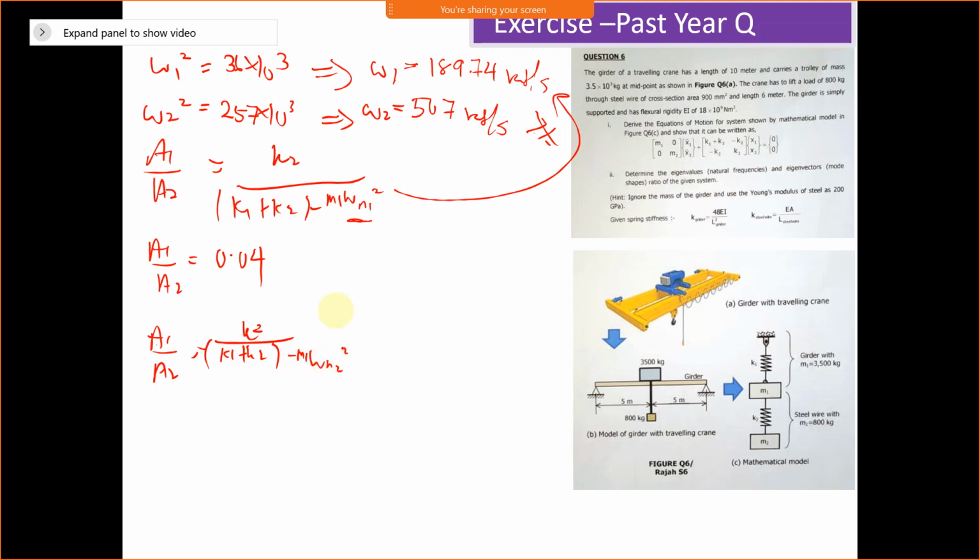Okay, masukkan nilai frekuensi yang berbeza lah untuk second pula, dan kita akan dapat negative 5.29. Okay, negative 5.29. Okay, silap tadi.